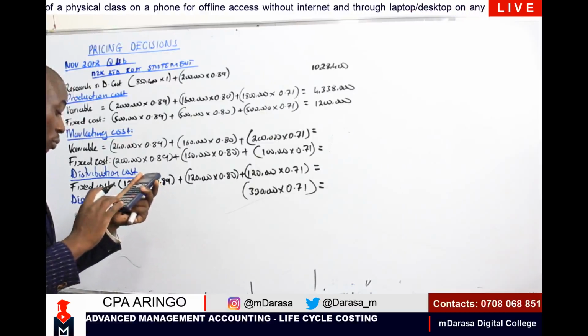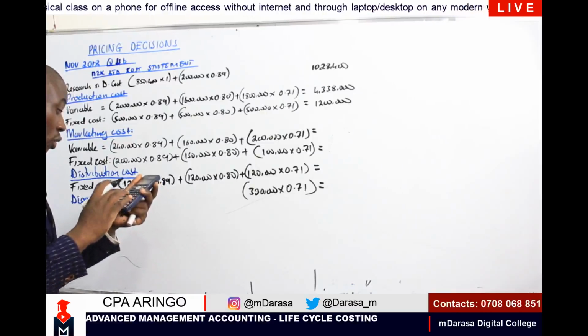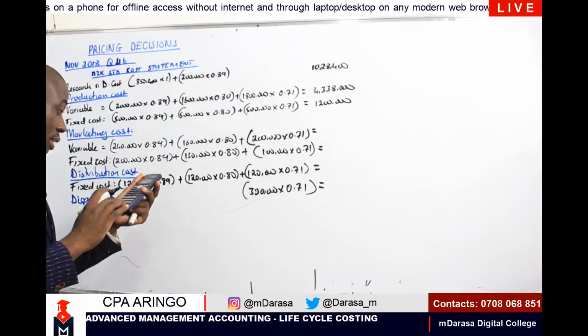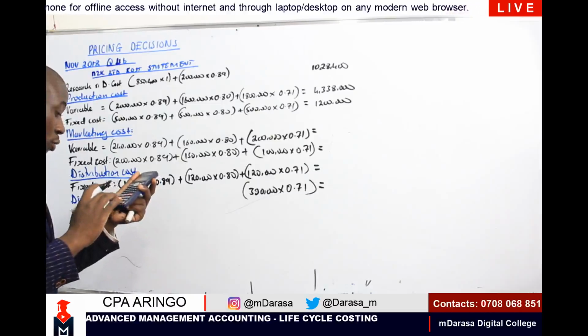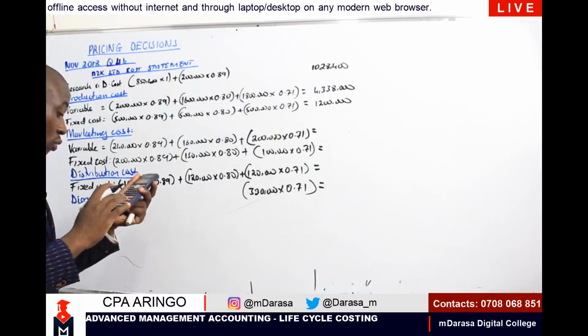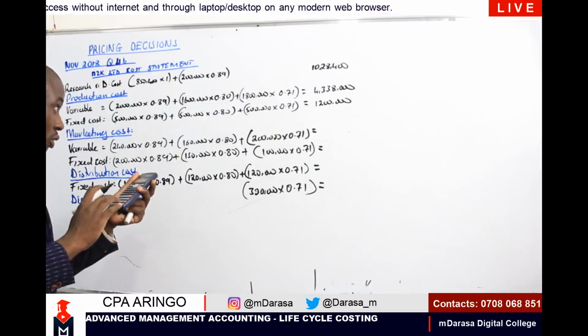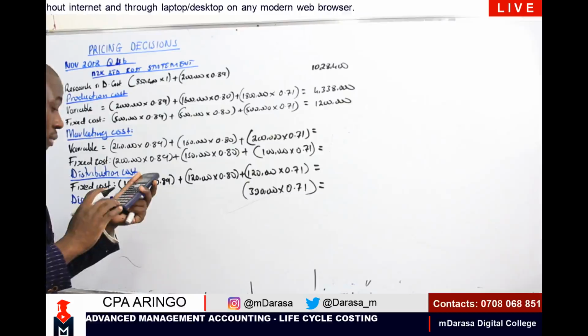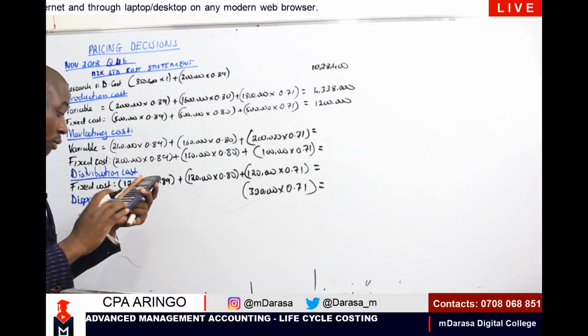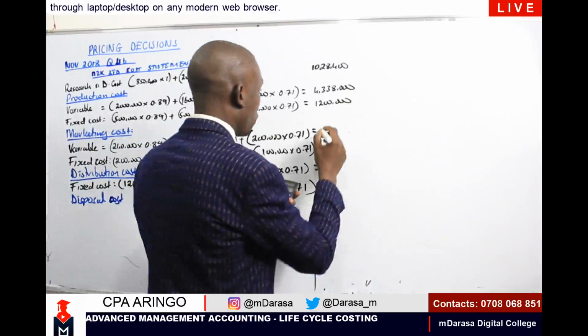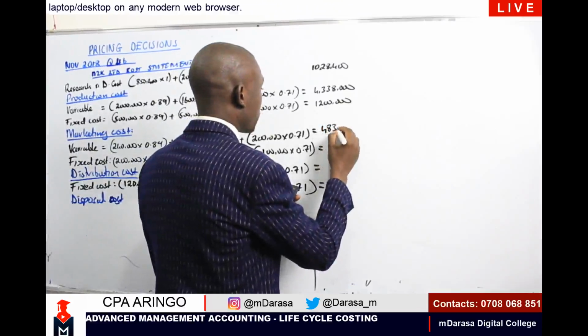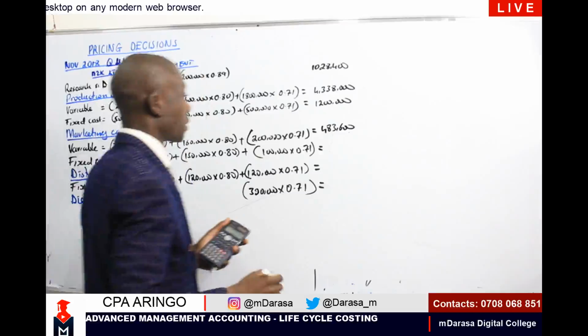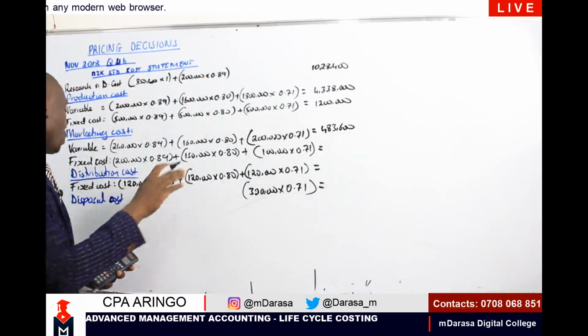We multiply by 0.89. We are going to add 160,000 by 0.80. We are going to add 200,000 by 0.71 to give me a figure of 483,600. Correct?